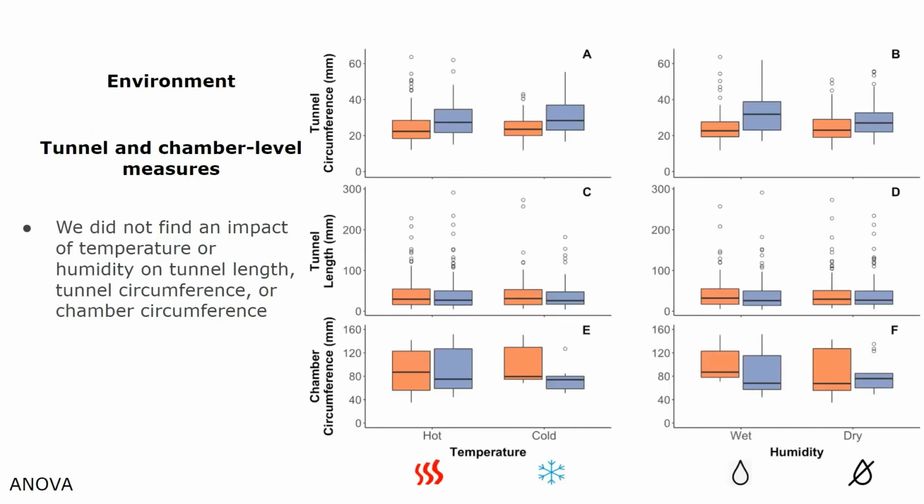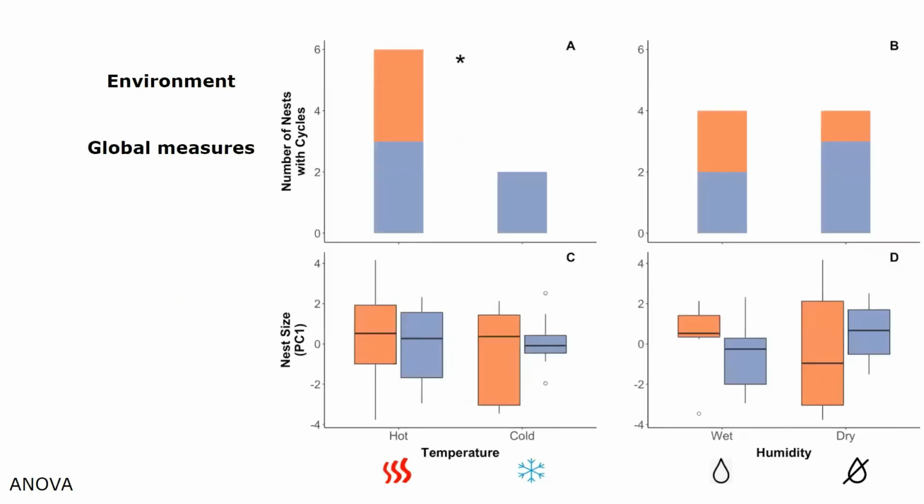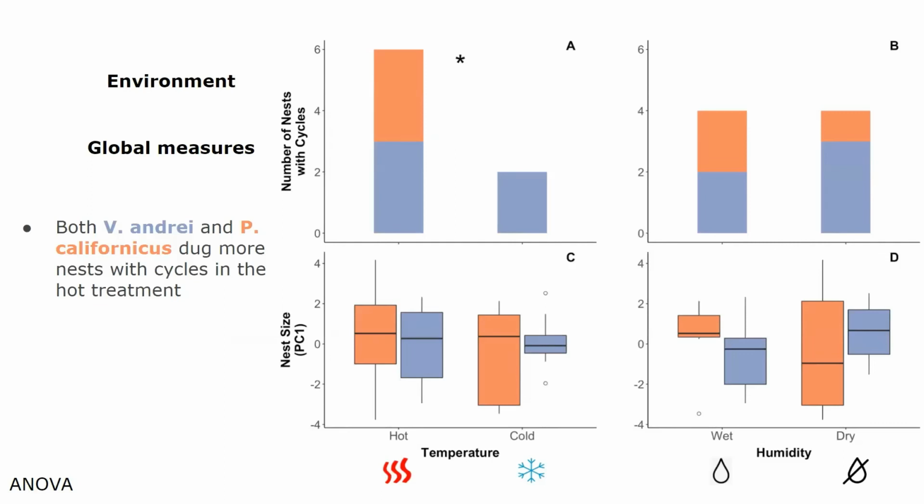And in terms of the environment's effect on tunnel and chamber level measures, we did not find an impact of temperature or humidity on tunnel length, tunnel circumference, or chamber circumference. And as for environment's impact on global measures, we found that both Veromessor andrei and Pogonomyrmex californicus dug more nests with cycles in the hot treatment than in the cold.